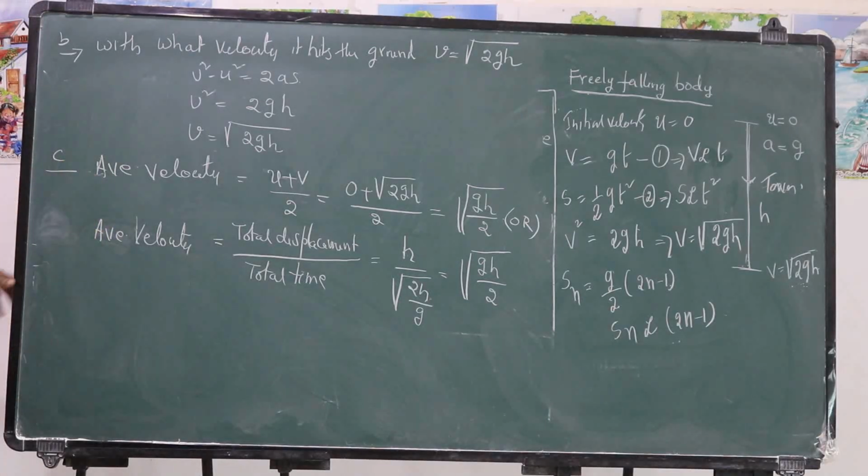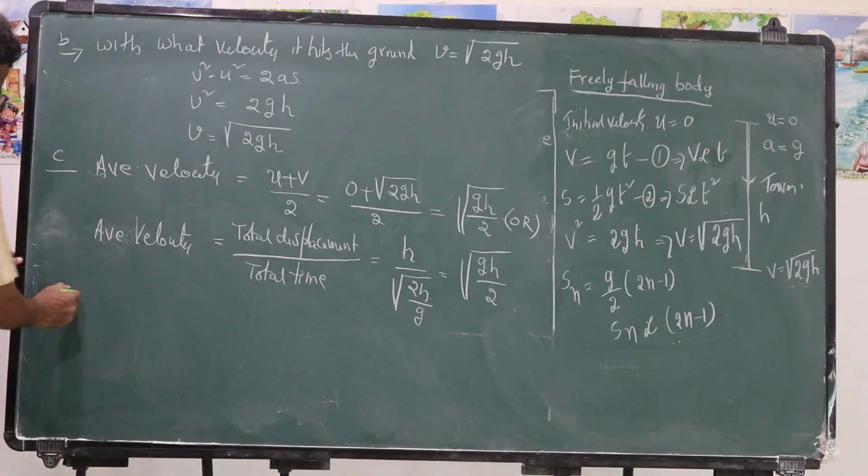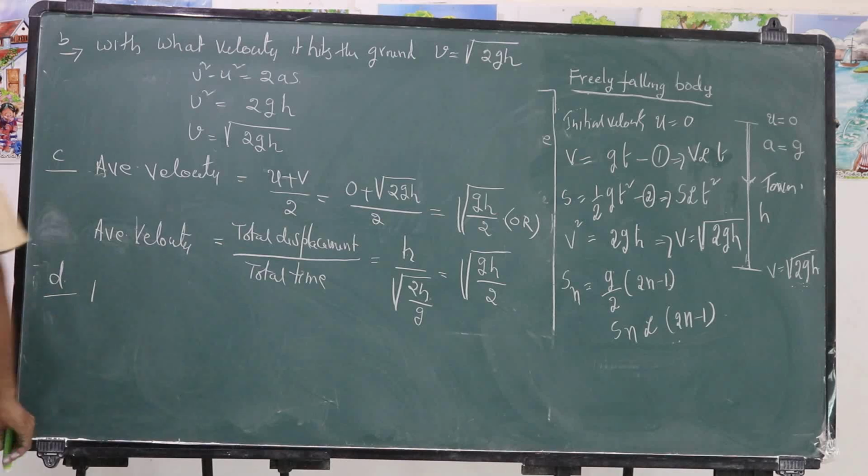That is average velocity. So the velocity value is incremented every second for a freely falling body.